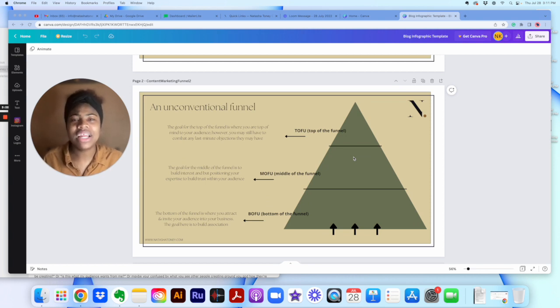Instead of saying cast my net wide for as many people as possible, which can get confusing, does that mean grow a large following? Not necessarily. Casting your net at the bottom of the funnel means inviting people to get to know you and build association with you. Get them to generate awareness, and not just say, I know this person has a page, or I think I saw their content before.